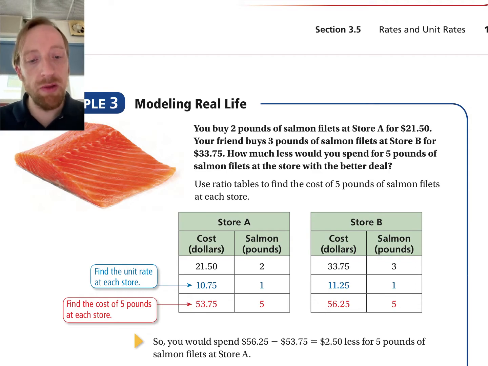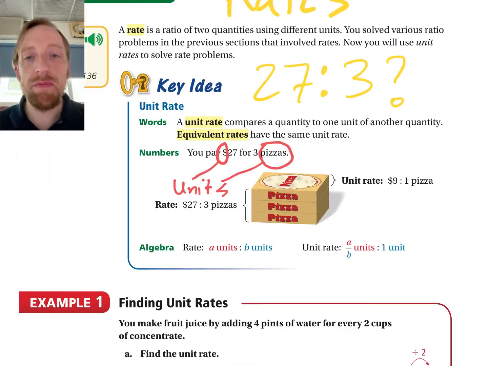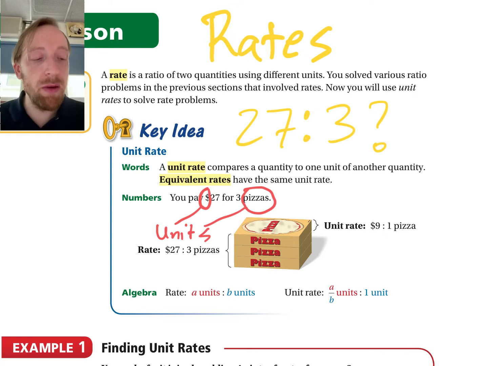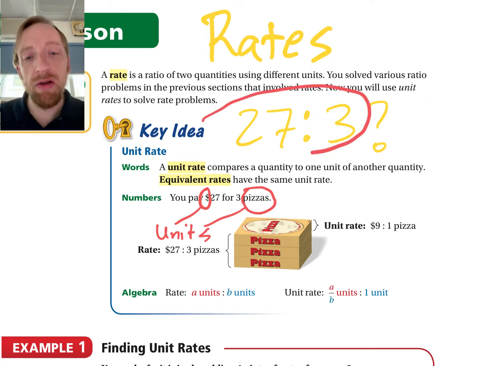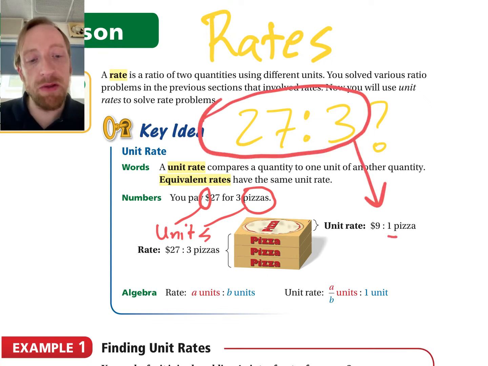So what we can do is find the unit rate. The unit rate is a comparison of two numbers when one of those numbers is 1. So if we have pizza that's $27 for 3 pizzas, a unit rate would tell us how much for 1. We probably want to know the price of 1 pizza.